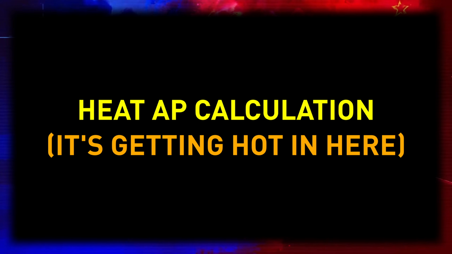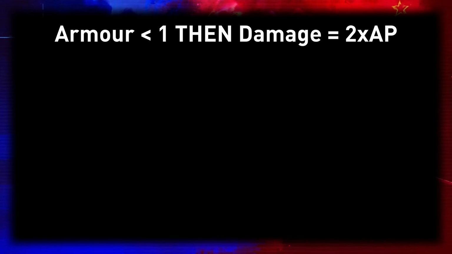So, we're going to start with the calculations for high explosive anti-tank or heat rounds and also kinetic energy rounds. We'll do them each in turn. First, there's a special case rule set that applies to both. If the armor of the target is less than 1, then the damage becomes 2 times the armor penetration value.